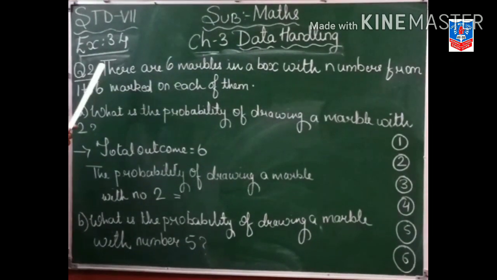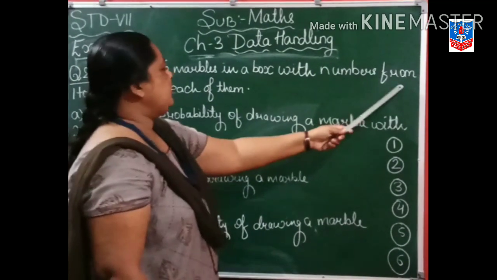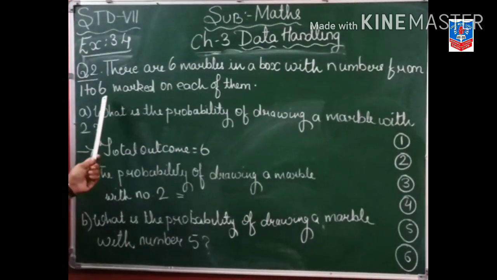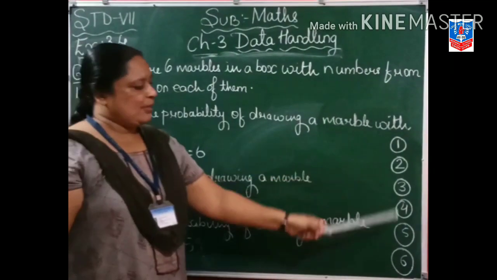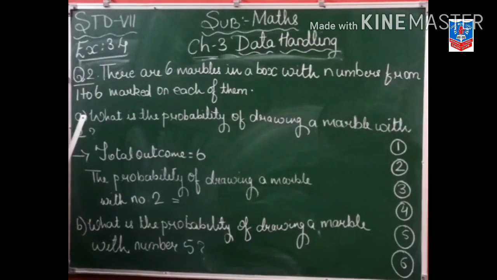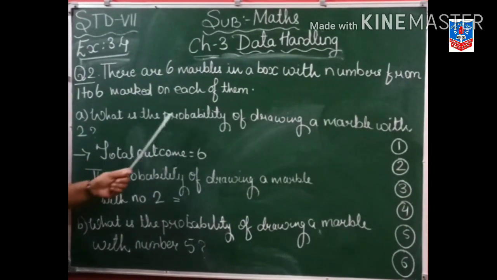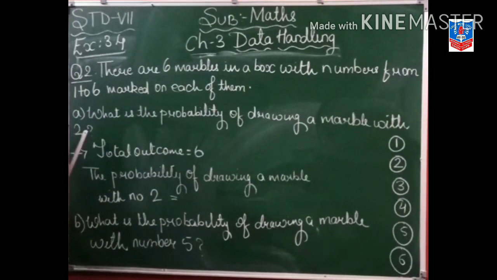Question number 2. There are 6 marbles in a box with numbers from 1 to 6 marked on each of them. See here, 6 marbles with numbers marked on each of them. So, our first question is, what is the probability of drawing a marble with 2?